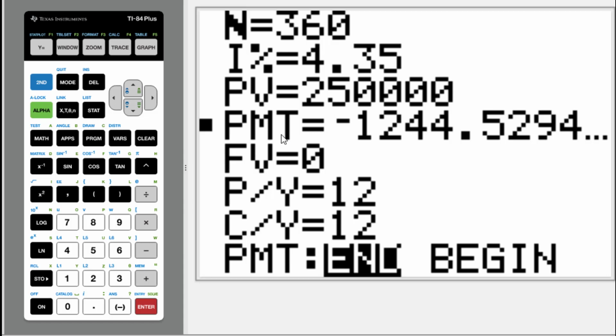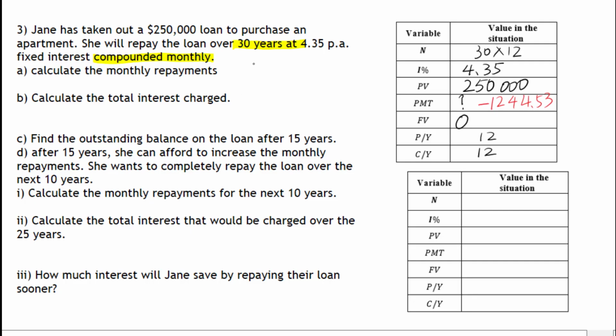Whenever you do the repayment, you have to round up the value of the money. The repayments we got from this TVM Solver is $1,244.53.